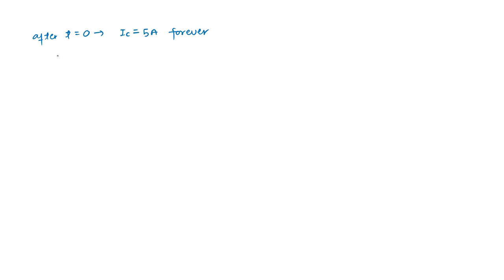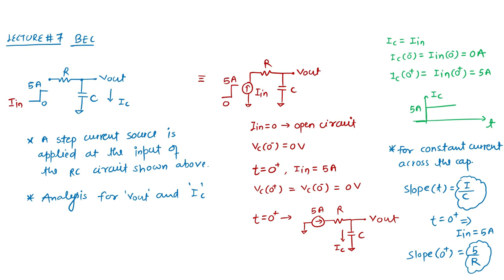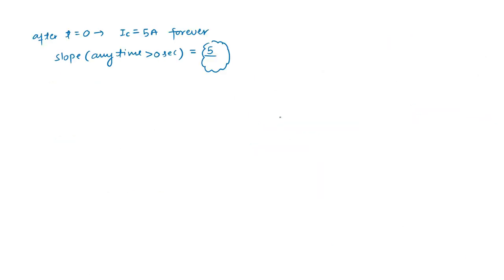It simply means the slope at any time greater than 0 second is equal to 5 by R. Sorry, not 5 by R, what I have written, it is 5 by C. So it is 5 by C here, C here. The slope is constant forever.